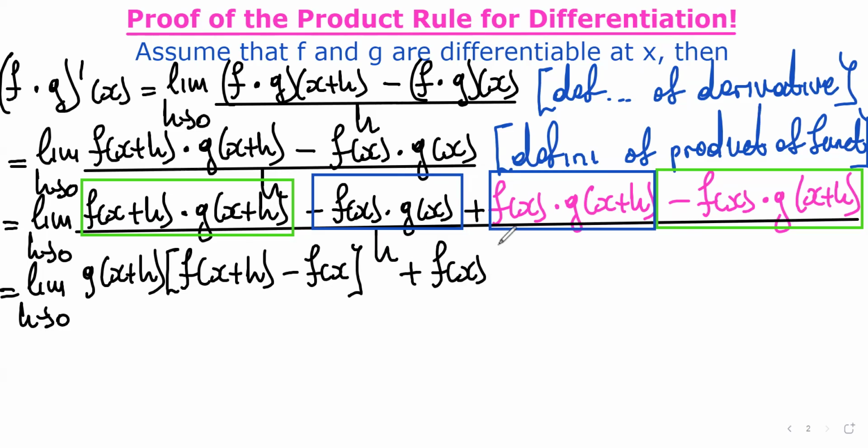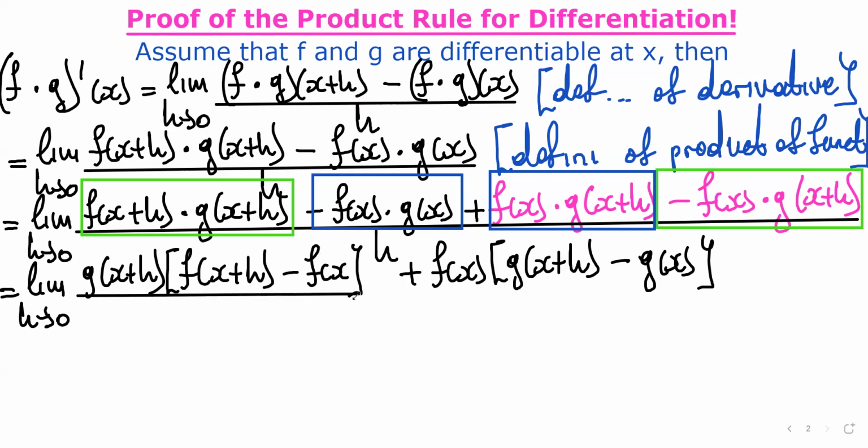So if we take f of x out, then we are simply left with g of x plus h, and then we say minus g of x. All right. And then, of course, everything is divided by h. But I'm just going to give both of these terms the denominator of h, right? Because we know what we are hoping to achieve, the definition of the derivative. And of course, if we do that, we need to remember that the entire thing must be in a big bracket.